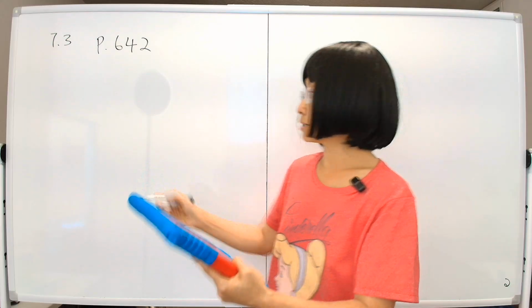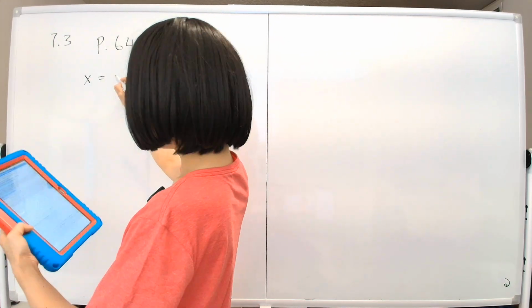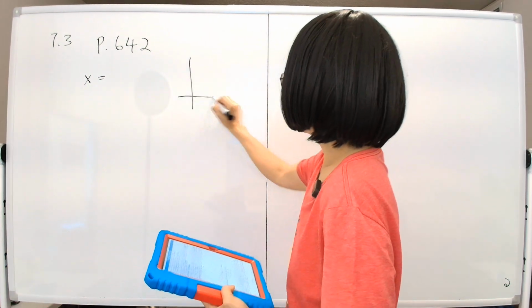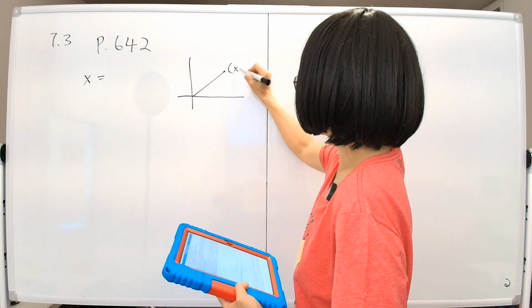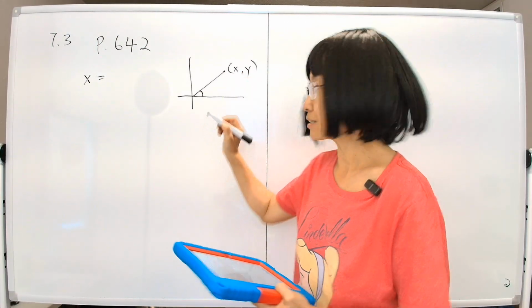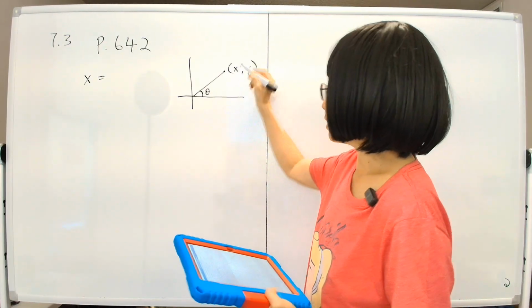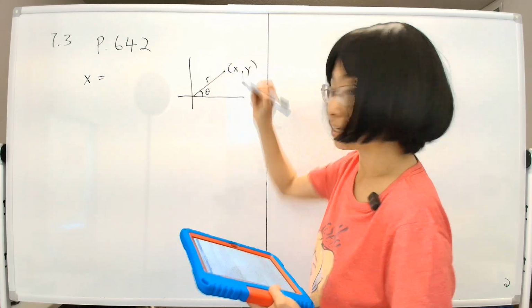What you're going to do is define x as equal to, but first let me draw the graph. Here's a point (x, y), where we normally have it, and any point like that is going to make an angle with the x-axis. That's called theta. And then there's a length to this thing, and the length here is r.